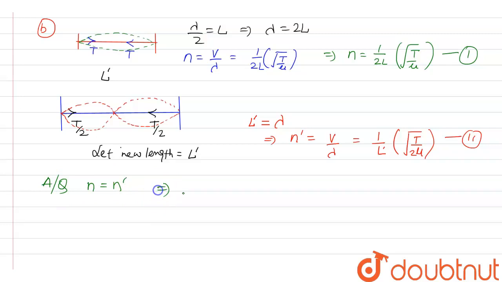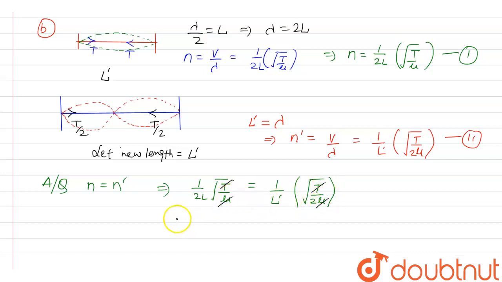Now we can solve the two equations. 1 by 2L into root under T by mu is equal to 1 by L dash into square root of T by 2 mu. T cancels T, and square root of mu cancels square root of mu.